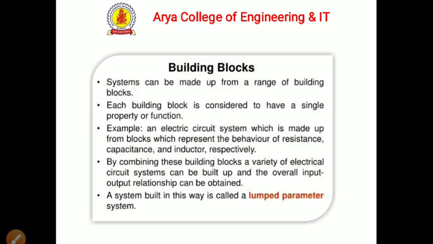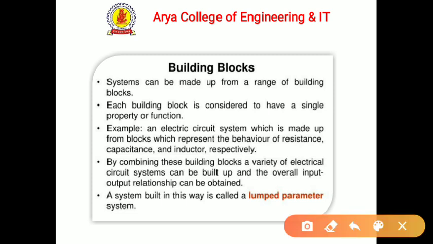Now we have some building blocks. A system can be made up from a range of building blocks. There are a number of building blocks, and each building block is considered to have a single property or function. For example, an electric circuit system is made up from blocks which represent the behavior of resistance, capacitance, and inductors respectively.